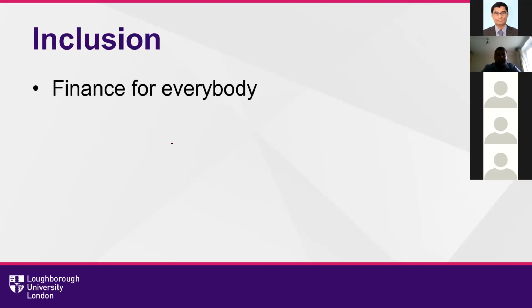Inclusion means finance for everybody. We are enjoying the internet, but quite a lot of people still don't have internet, right? Similarly, when it comes to finance, quite a lot of people in the world don't have access to finance, right? And if somebody wants to send money from one country to another country, still it's very difficult, right?